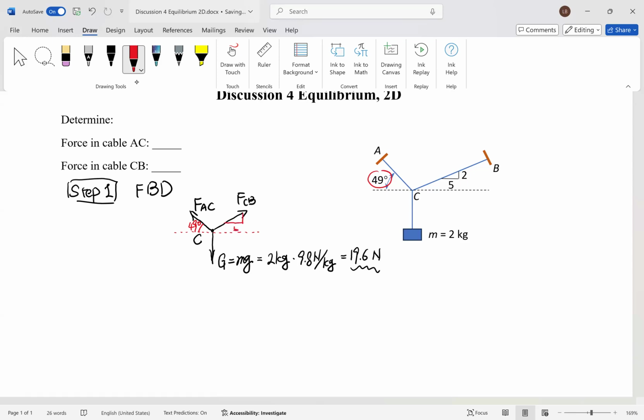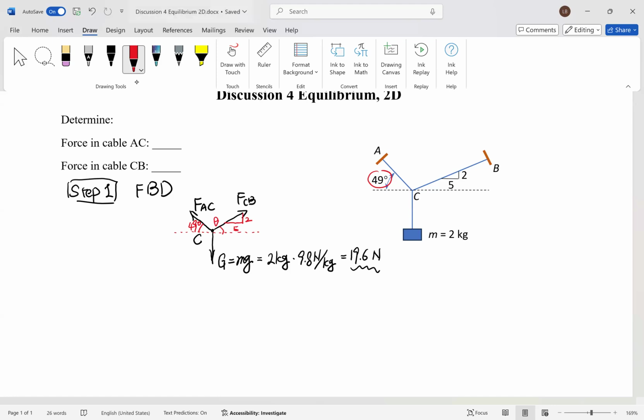So we include that here. And we can similarly express the direction of FCB by a small angle theta. Please note this small angle is related to the small triangle that we have here, and we're going to talk about that afterwards.